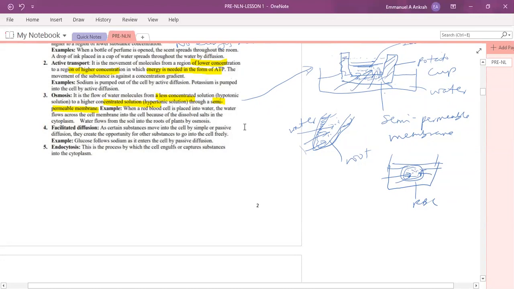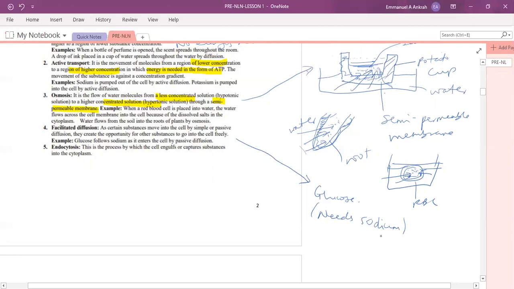A typical example would be the movement of glucose into the cell. So glucose, like sodium, needs sodium to go into the cell, right?